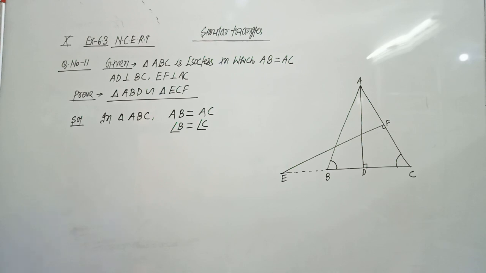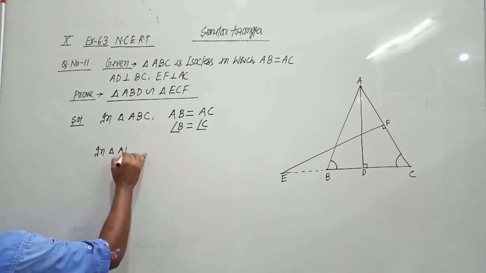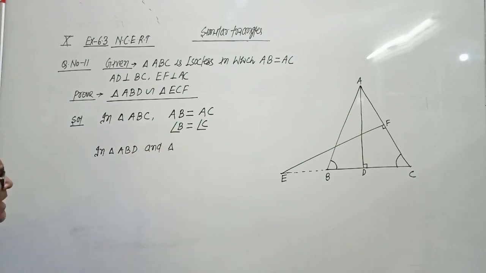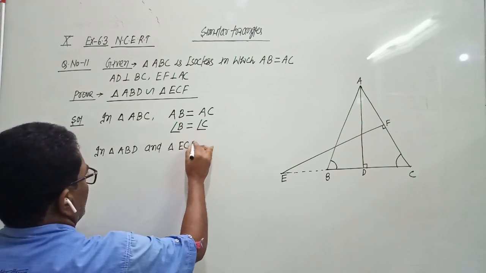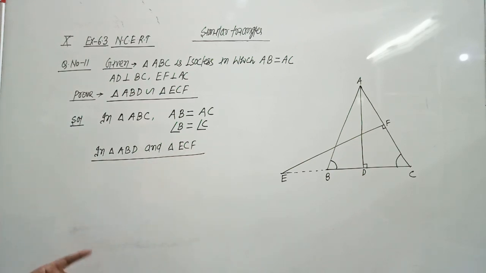Now in triangle ABD and triangle ECF. So in triangle ABD, angle B, and in triangle ECF, angle C are equal.